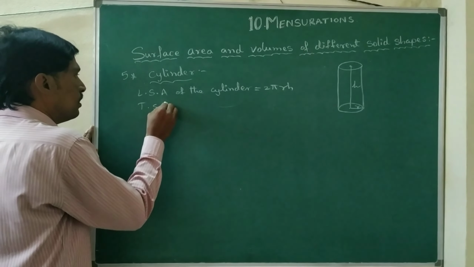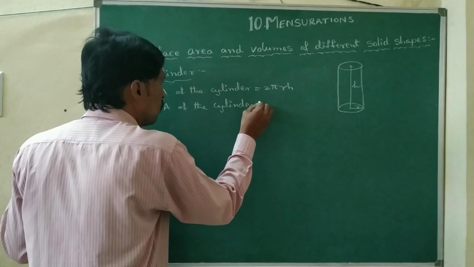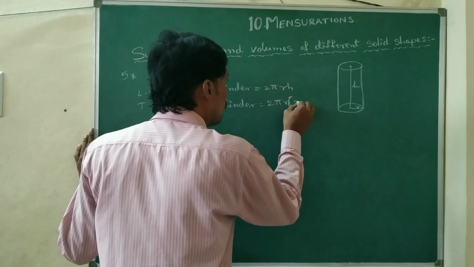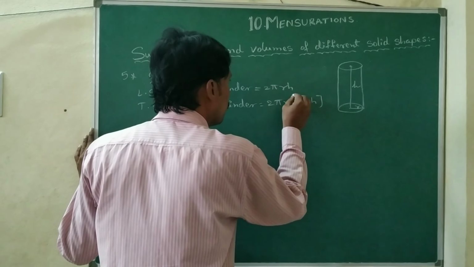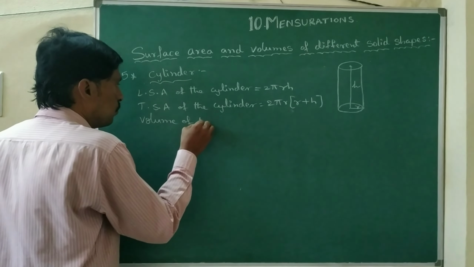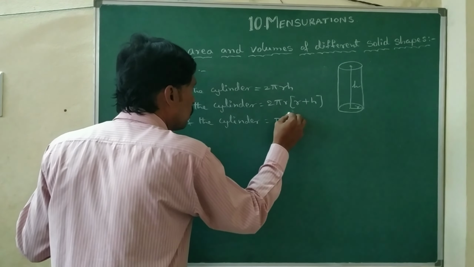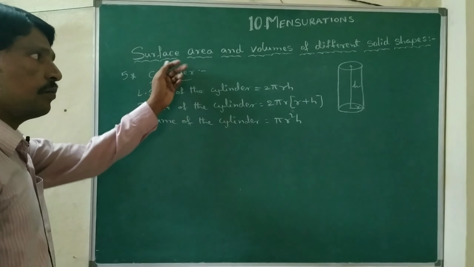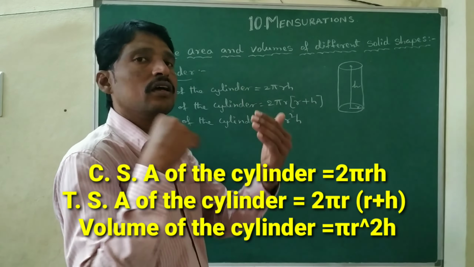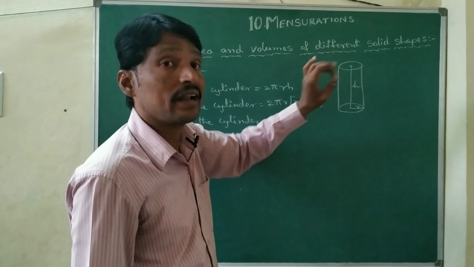Next, TSA of the cylinder. So what is the TSA of the cylinder? 2 pi R into R plus H. Next, volume of the cylinder is pi R square H. So these are the formulas for the cylinder. A cylinder has a curved surface and two circular ends.